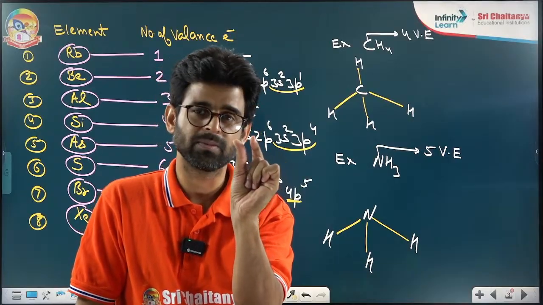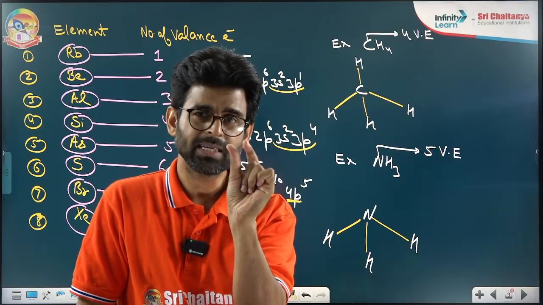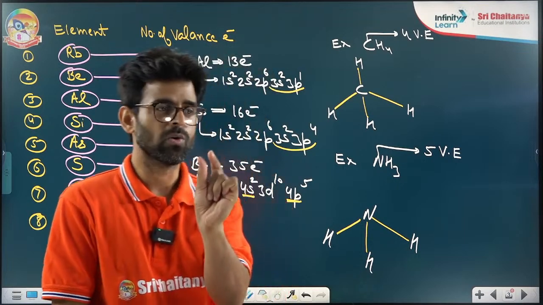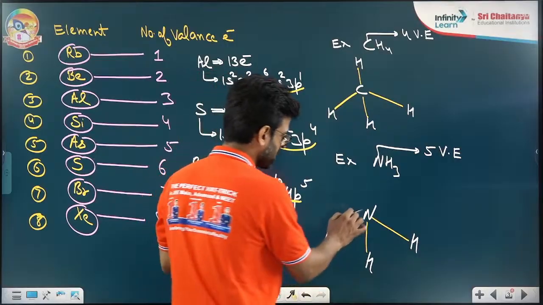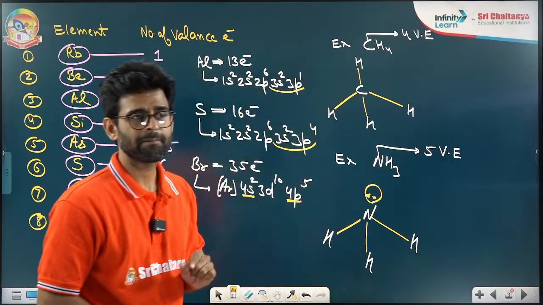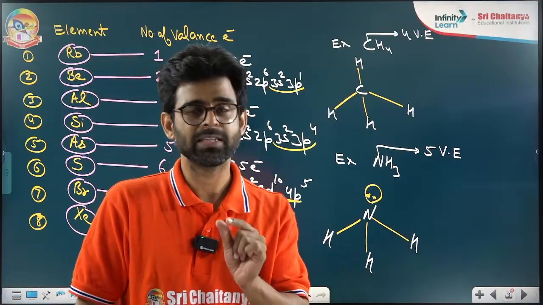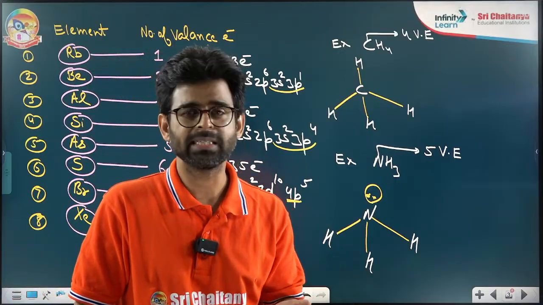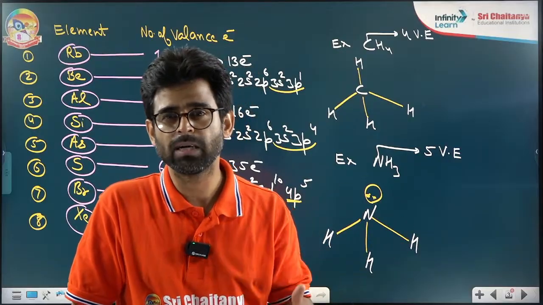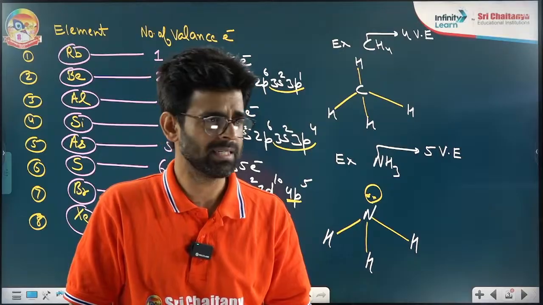So how many electrons remain? 2 electrons remain. Those 2 electrons become a lone pair. So 1 lone pair will be left. It's very easy, I'm not using any formula. It's very easy to draw the structure, right?